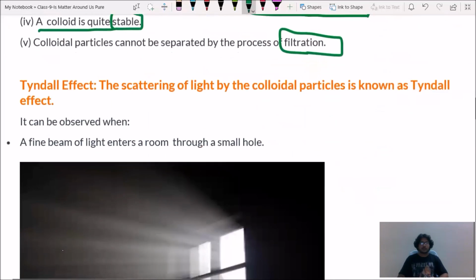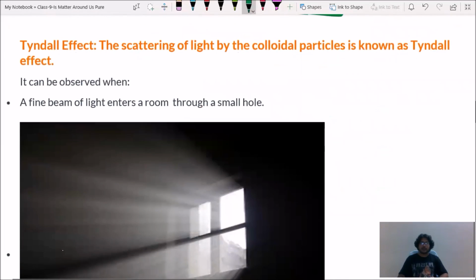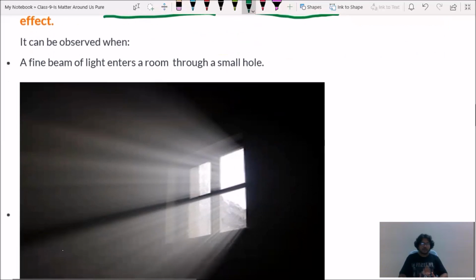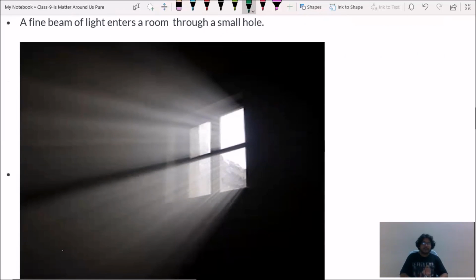Moving to the next topic, the Tyndall effect. What is meant by the Tyndall effect? The scattering of light by colloidal particles. If colloid particles are present in any medium and light is scattered, that is known as the Tyndall effect. Two examples we can see. A fine beam of light enters a room through a small hole.